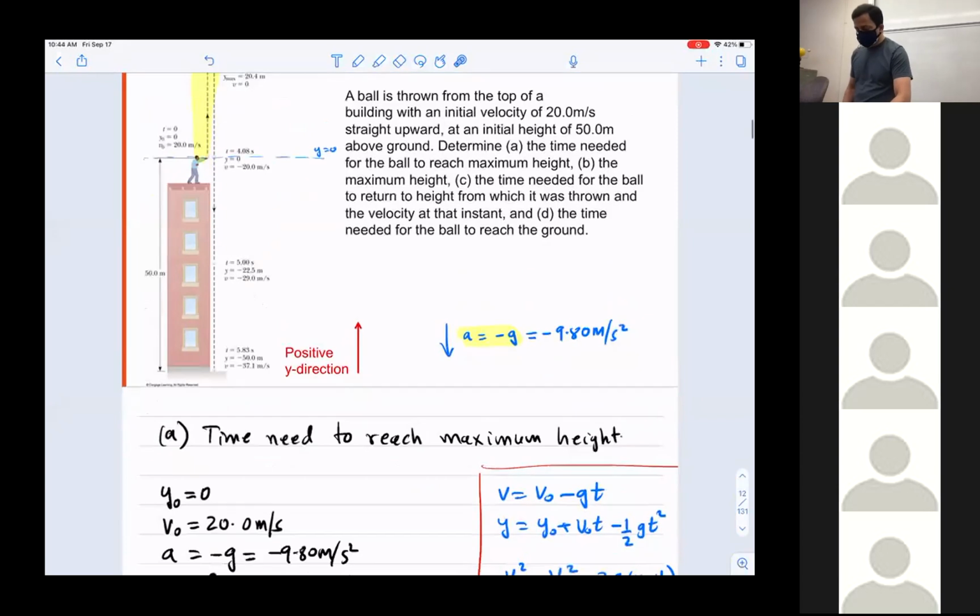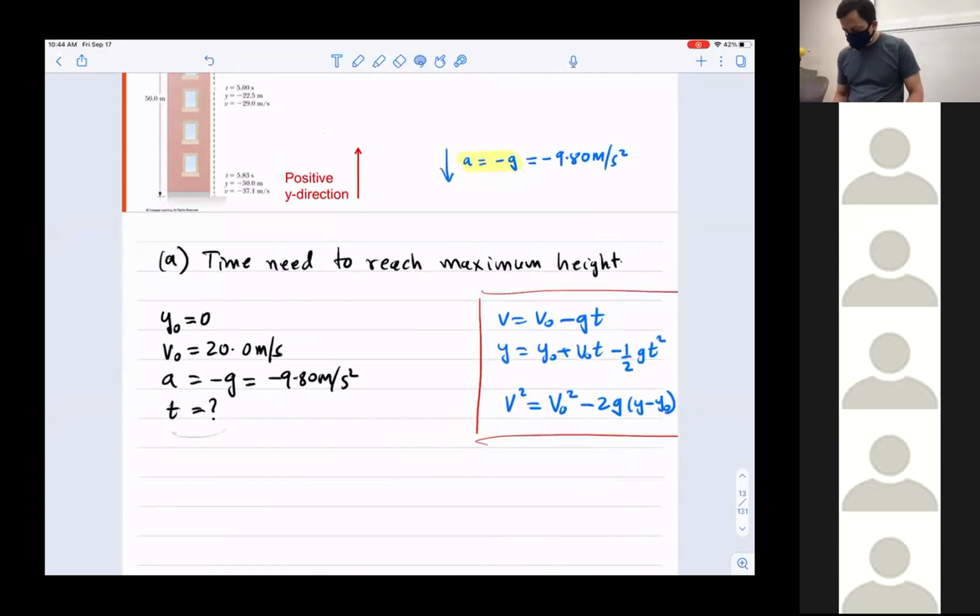So in fact, the other piece of information we have is that v is equal to 0. The final velocity is 0 in this case. Any questions on that? So again, this is sort of like they're giving you some code, right? They're telling you maximum height. Immediately in your head that should register: at maximum height, it has 0 velocity, v is equal to 0. They will not explicitly tell you that it comes to a stop.